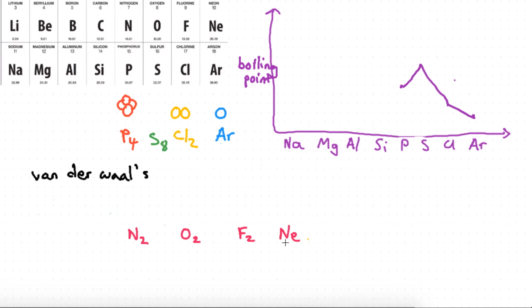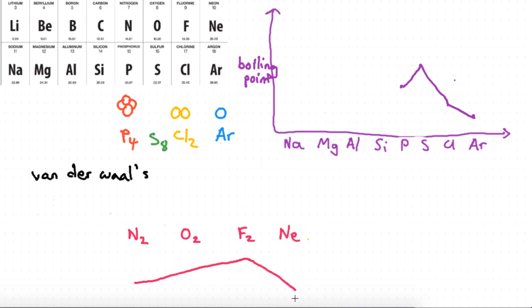If we have to really go into the specifics, fluorine will have slightly stronger van der Waals than oxygen, and oxygen than nitrogen. So for the second group, we can say that the fluorine is the highest, next oxygen, nitrogen, and neon.